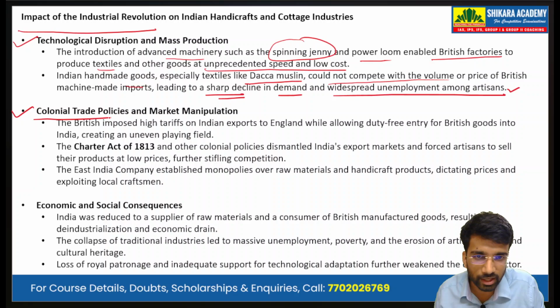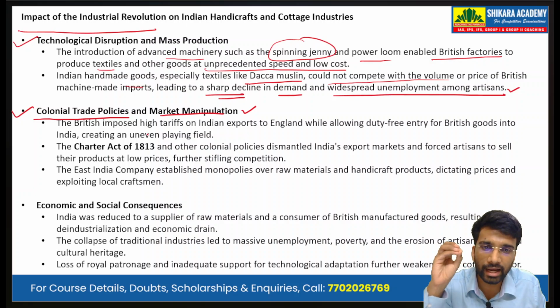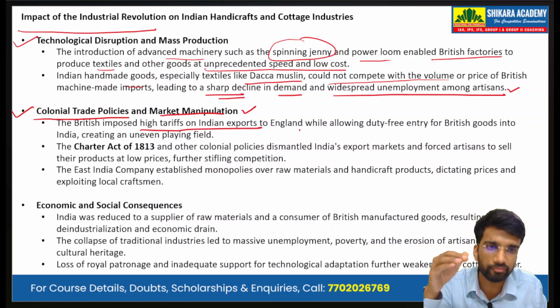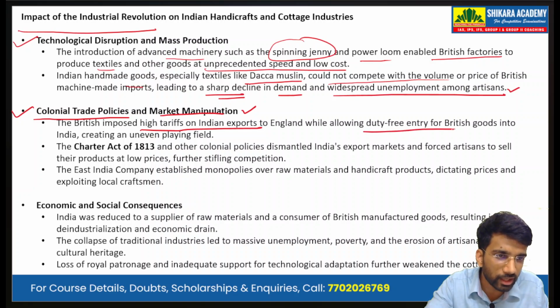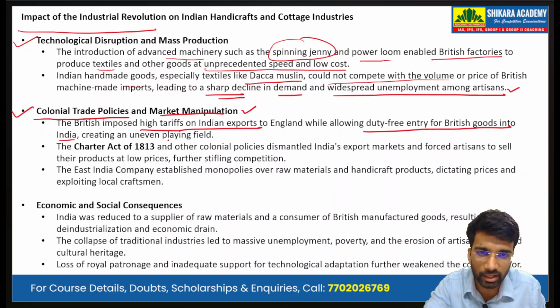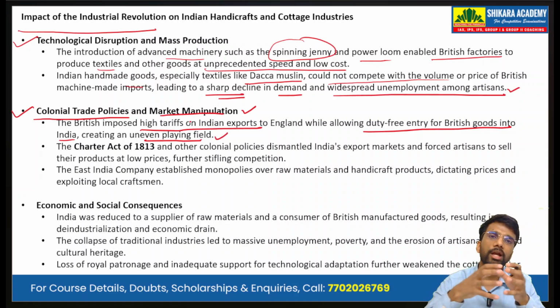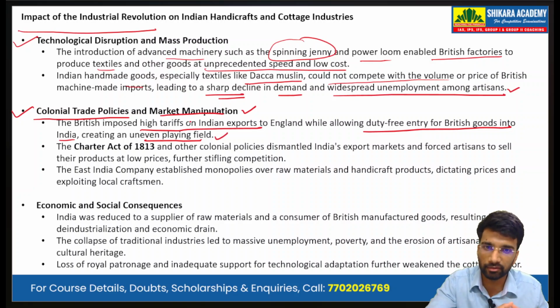Secondly, colonial trade practices and market manipulation. The British imposed high tariffs on Indian exports to England while allowing duty-free entry of British goods into India, creating an uneven playing field. So the trade policies of the British were very unfair.